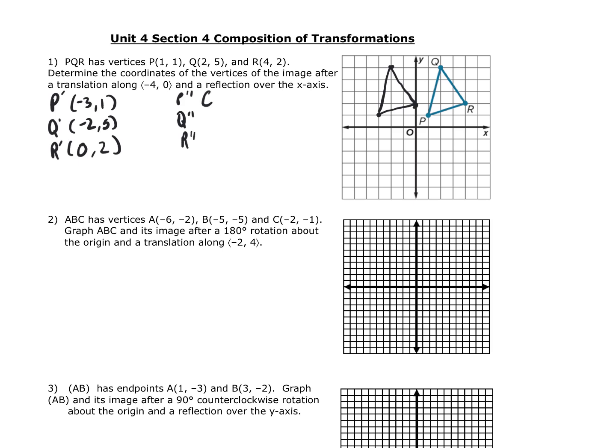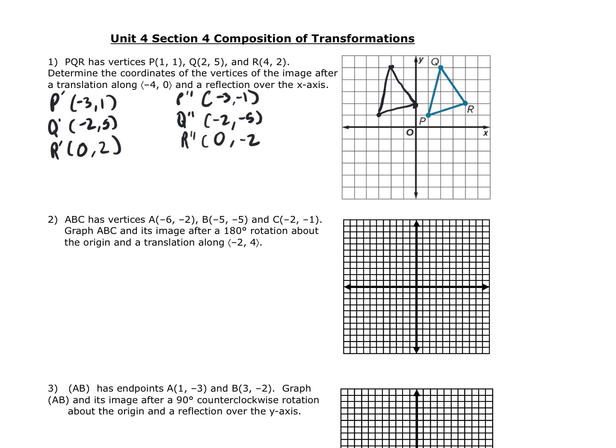So P double prime is going to be -3, and we change that +1 to a -1. Q double prime, still going to have an x value of -2, but the y value is now going to be -5. R double prime, still going to have an x value of 0, but the y value is going to be -2.